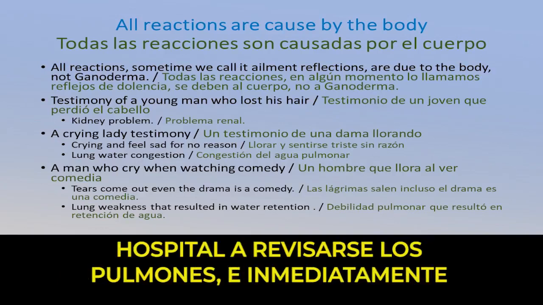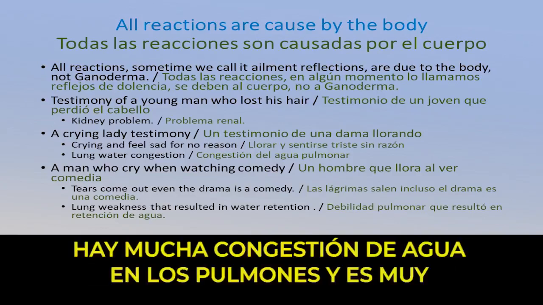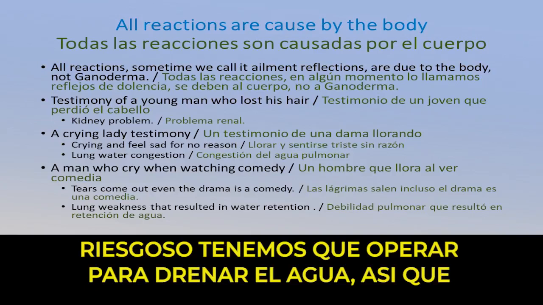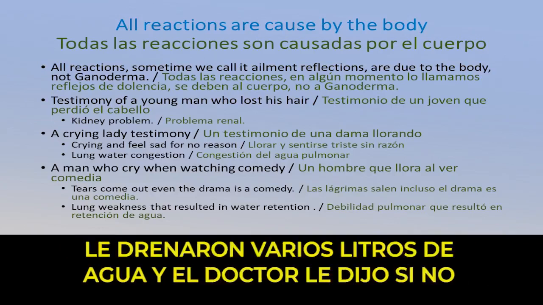And immediately the doctor admitted her and asked the husband to come. Then he told the husband there was a lot of water congestion inside the lung and it was very risky now. They had to do an operation to drain out the water, so they signed the agreement. In three to four days' time, they drained out a few liters of water, quite a lot.